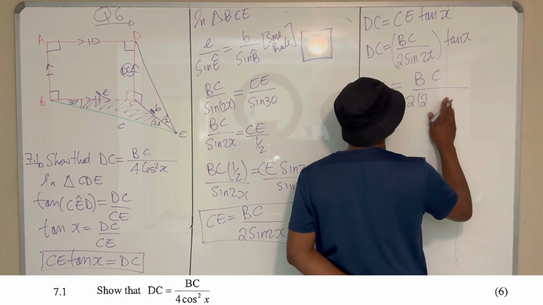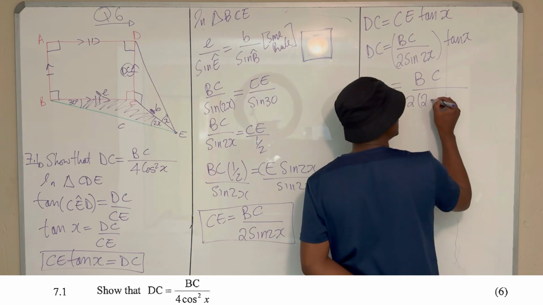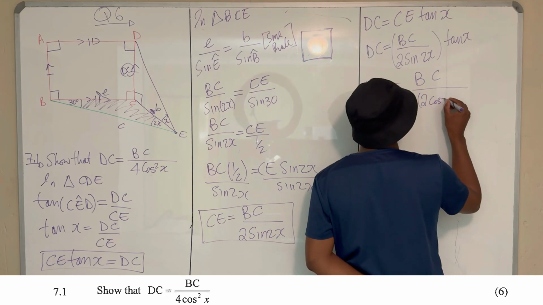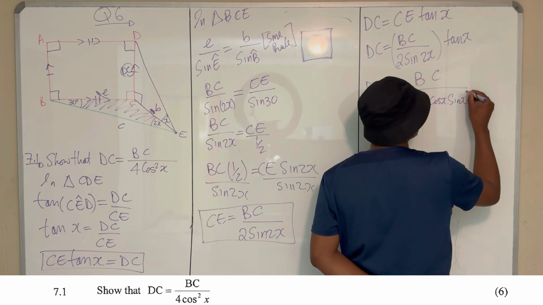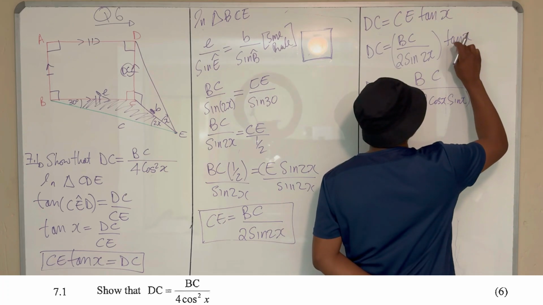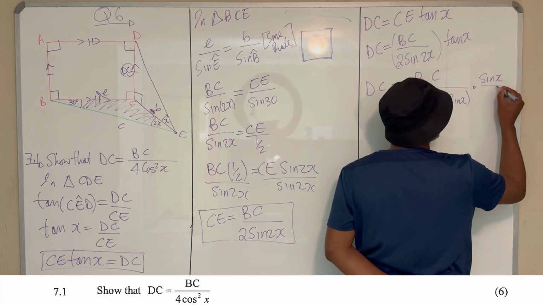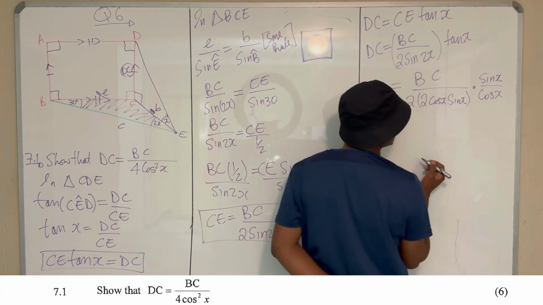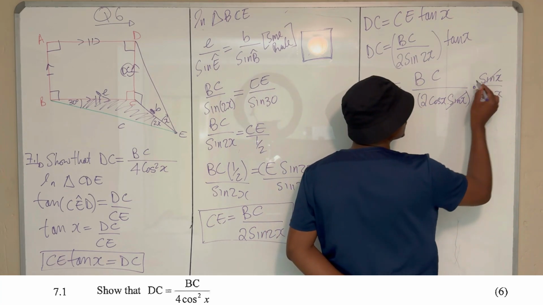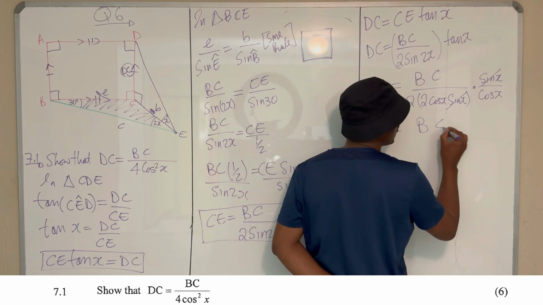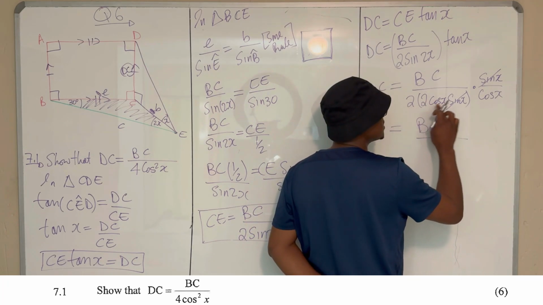This is 2 cos x sine x times this. What is that? That is sine x over cosine of x. In that case, this and that will cancel out. Your DC is equal to BC all over, then you multiply this and that.